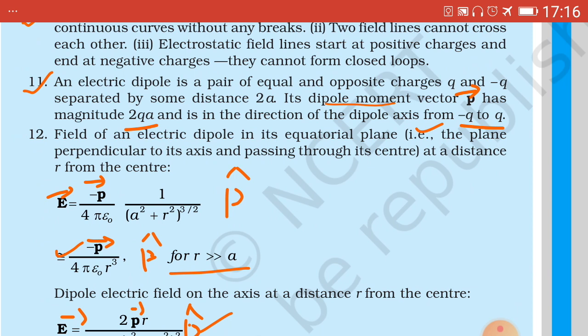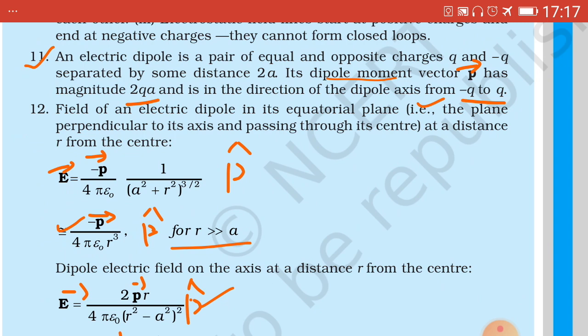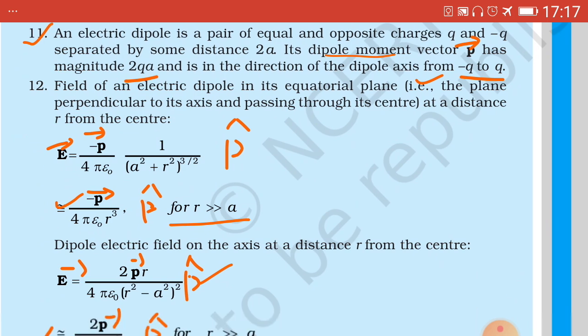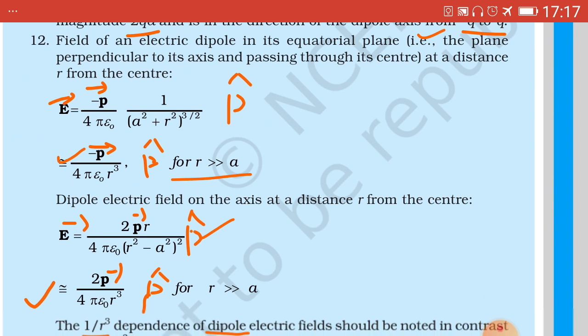Point number 12, electric field intensity vector E formula for electric dipole in its equatorial plane. Special case for r greater than a, which we have also seen in terms of Coulomb's constant.